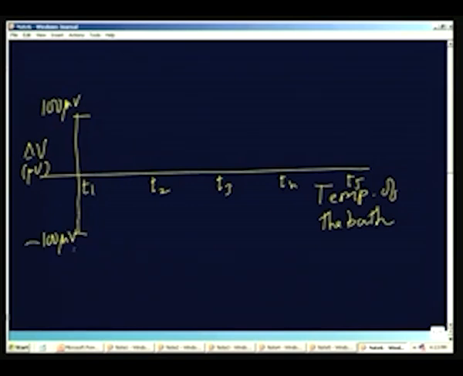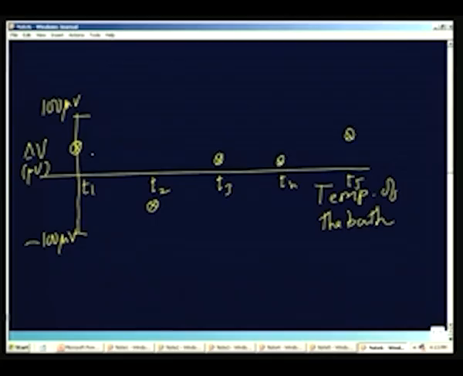The difference is only very small. Of course, in terms of a K type thermocouple, this will be something like 2.5 degrees, if you remember that 40 microvolts is per degree. So, at T1 the two may not agree, I may get a point like this. At T2 the error is like this, here the error may be like this, and so on and so forth.